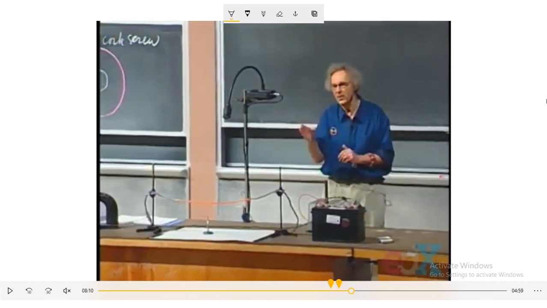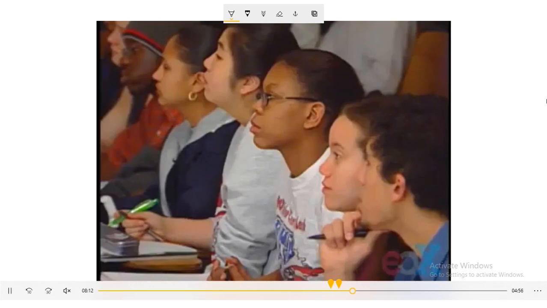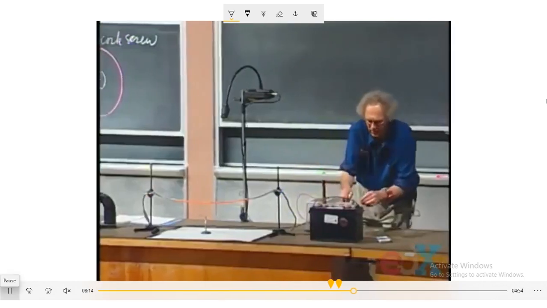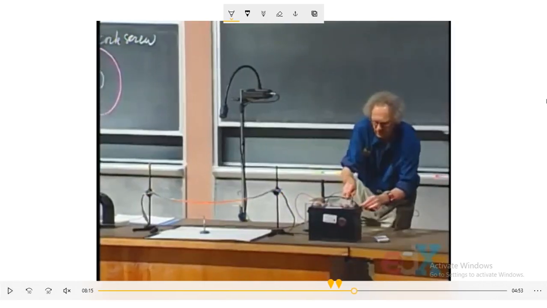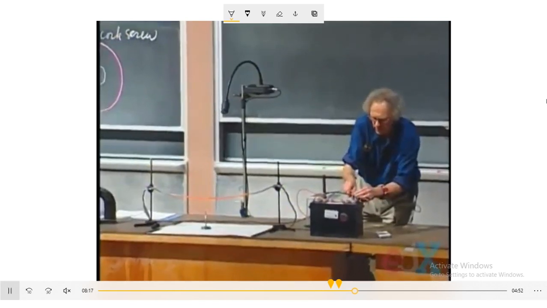This is a virtual demonstration given by Professor Walter Lewin. Here the cell is connected to a switch, and the wire is connected with a compass needle kept under it. It is connected back to the switch and the circuit gets complete.